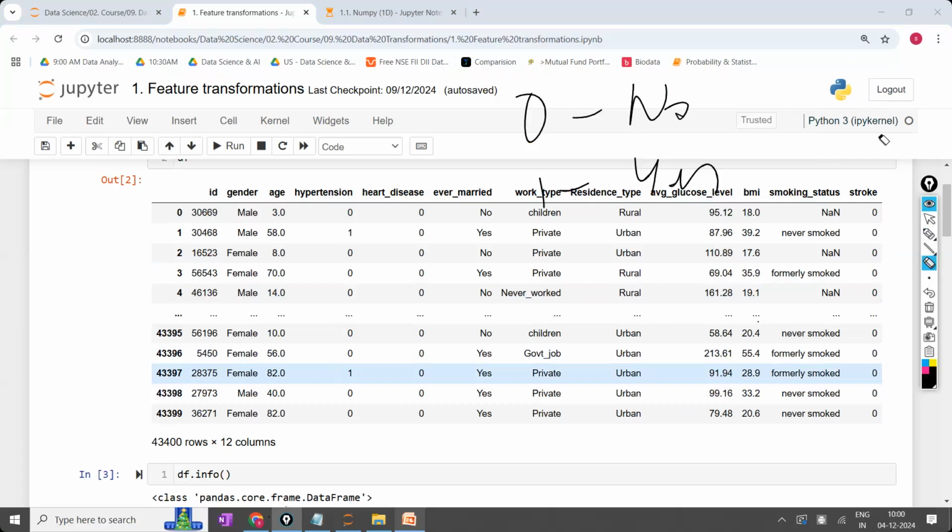Whenever you get a data set which is already converted to numeric like this, it is called encoded data. Whenever you receive encoded data like this, the encoding is done by default in alphabetical order. And when they share the data set, they will tell you clearly what hypertension is and what categories are inside it. That is called nomenclature.